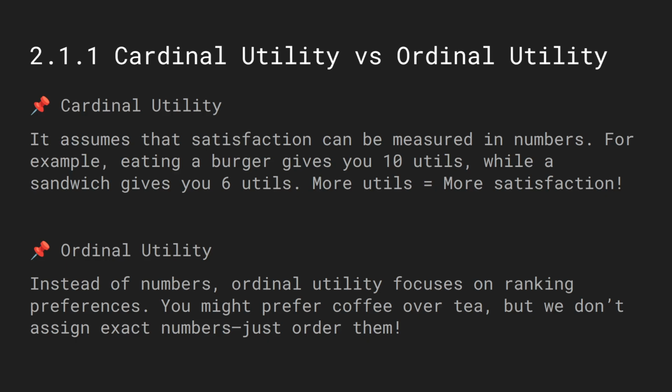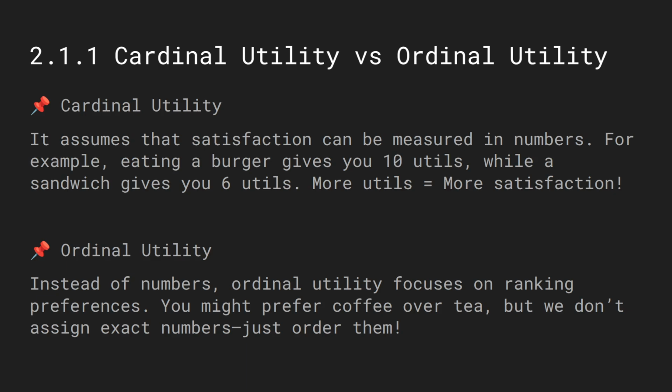Now, how do economists measure satisfaction? There are two approaches, cardinal and ordinal utility. Cardinal utility assumes that satisfaction can be measured in numbers. For example, eating a burger gives you 10 utils, while a sandwich maybe gives you 6 utils. More utils means more satisfaction.